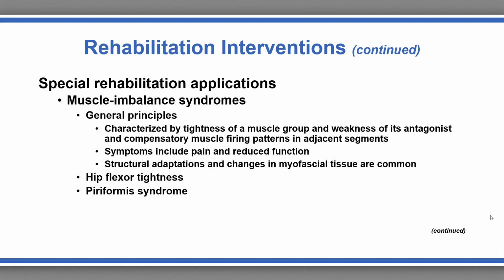And in this case, once again, it is the piriformis that is tight. So stretching exercises may be indicated, and strengthening exercises may be indicated for the weak antagonistic muscles. This may include strengthening exercises for the hip abductors and medial rotators.